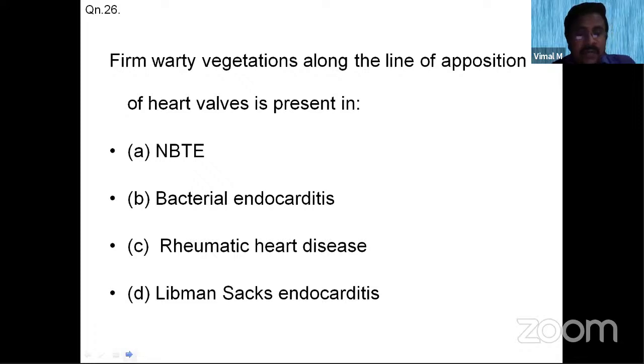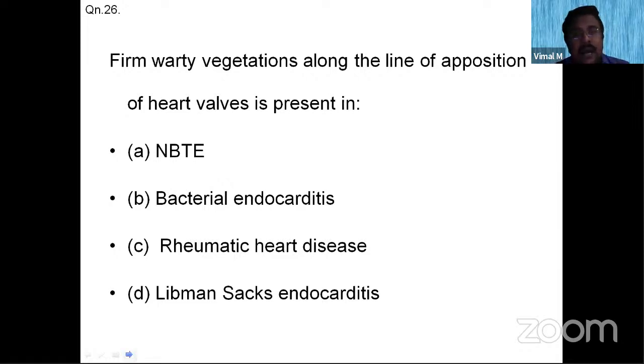Now let us move on to the other question. Firm body vegetations along the line of opposition of heart valves is present in NBTE, that is non-bacterial thrombotic endocarditis, bacterial endocarditis, rheumatic heart disease, Libman-Sacks endocarditis.